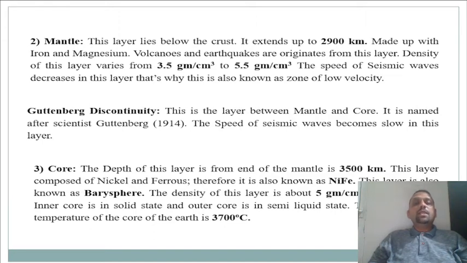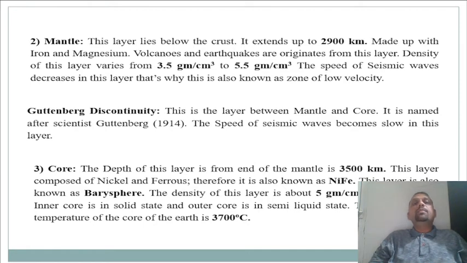The speed of seismic waves decreases in this layer. That's why this is also known as the zone of low velocity. Because of the liquid material, the speed automatically decreases. As you know, if the material is solid, the atoms in the material are put together. The distance between two atoms is very small in a solid medium.